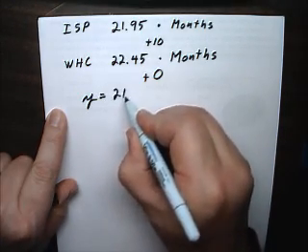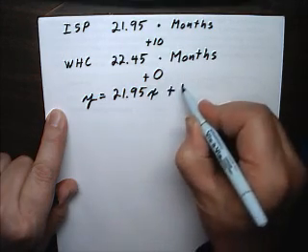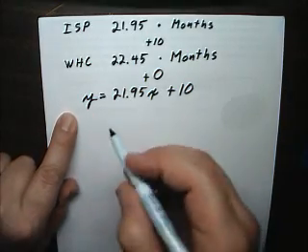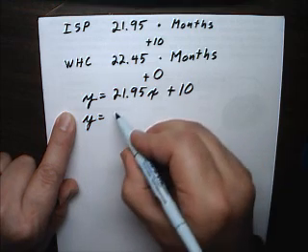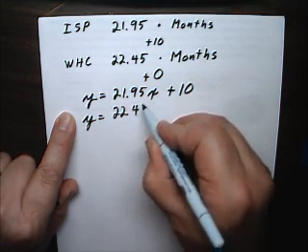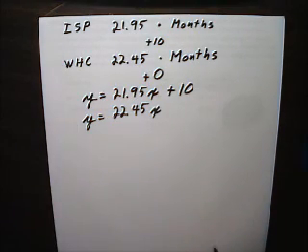That's y equals 21.95x plus 10. That's the cost for the ISP. And for the web hosting company, I would have y equals 22.45 times the number of months, which I'm calling x. And these are my two equations.